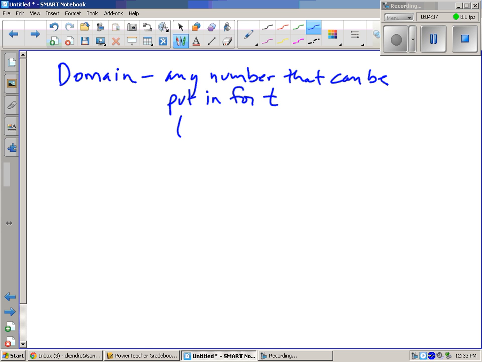In other words, it's any length or size of angle. Okay, that's your input. So think about it. If I have sine of t, is there any number that won't make sense there? You can always push sine of some number, any number, and get a value from that.